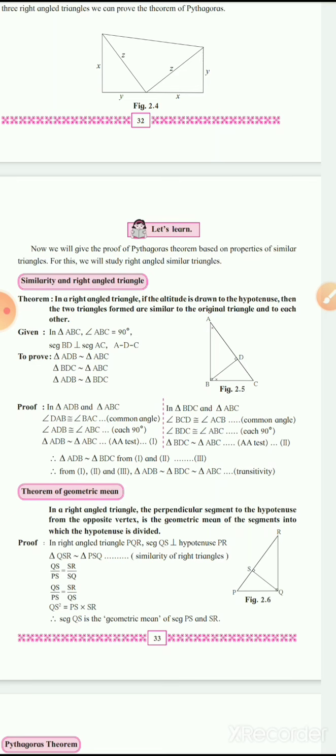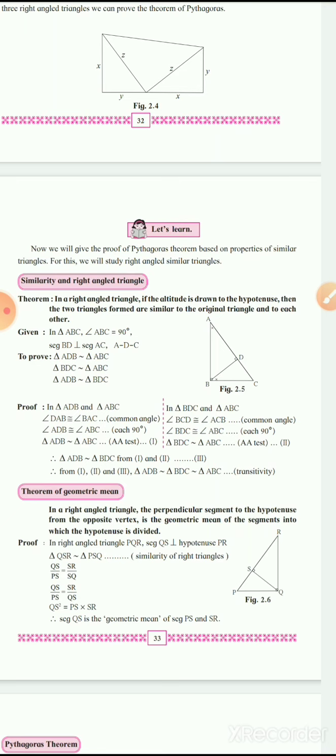And also angle BDC. Angle BDC is 90 degrees, and in triangle ABC, angle ABC is equal to 90 degrees. So here each one is 90. So angle BDC is congruent to angle ABC.